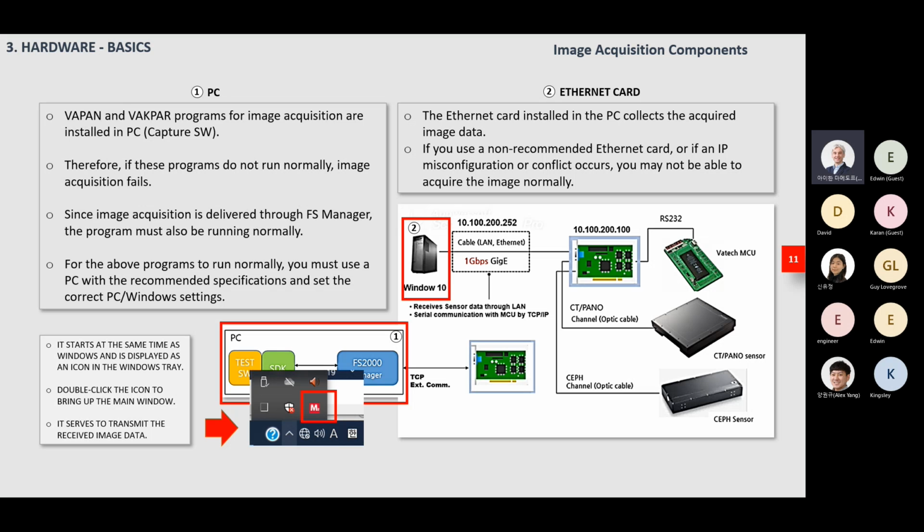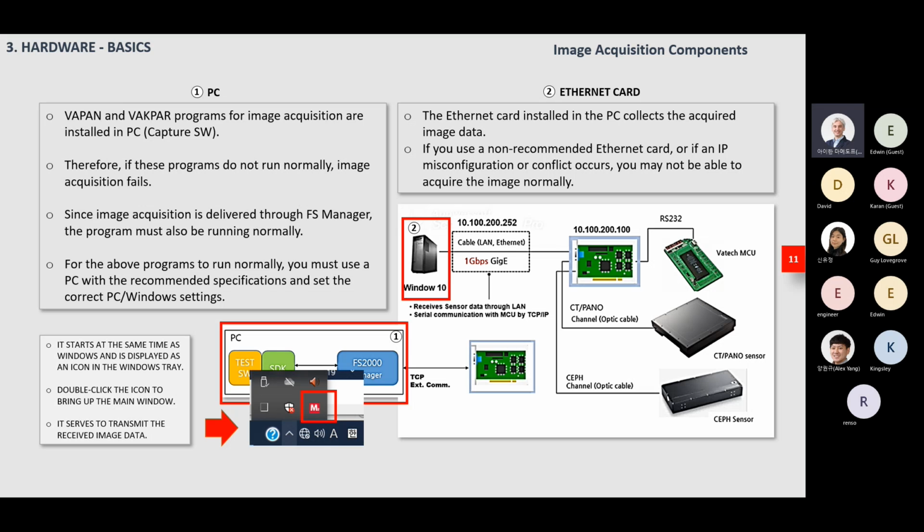Just whenever you install the install shield, this FS2000 program will be installed. It serves as the means of transmission for the received image data. So you have to check whenever you switch on the PC. Usually it switches on itself. It will be like this red M letter.